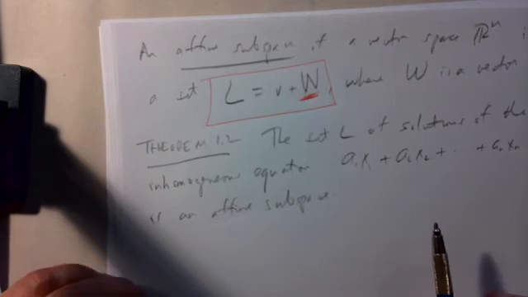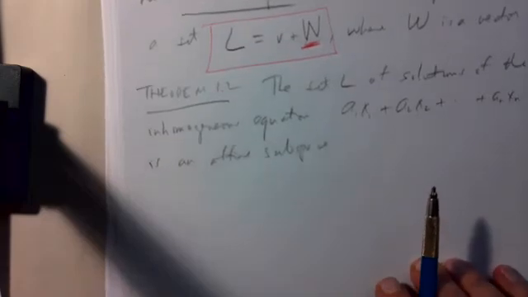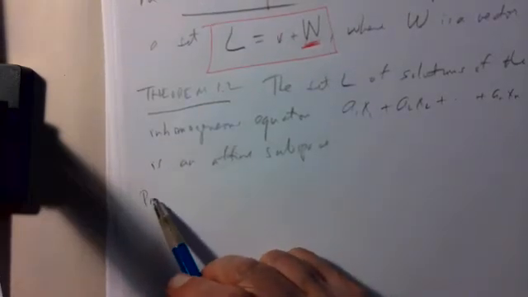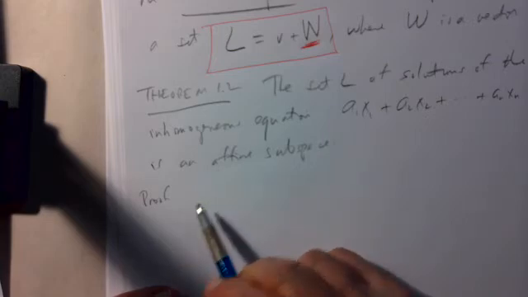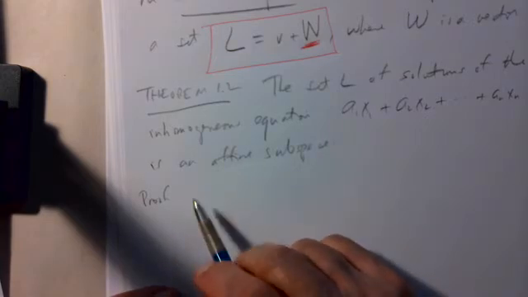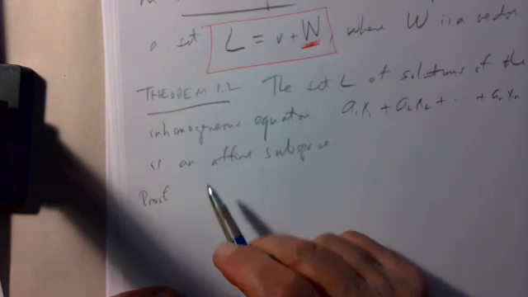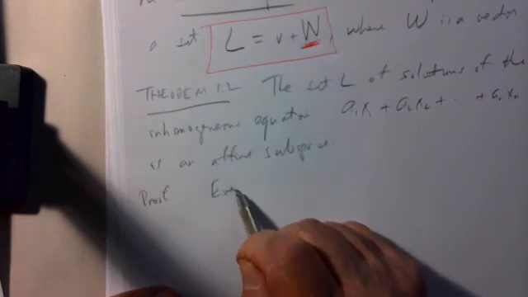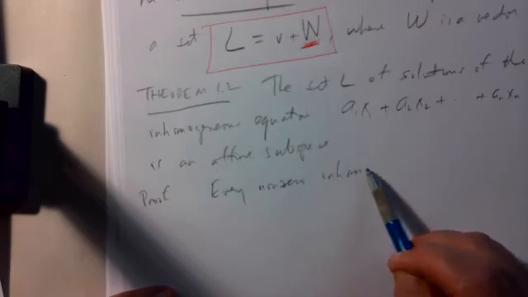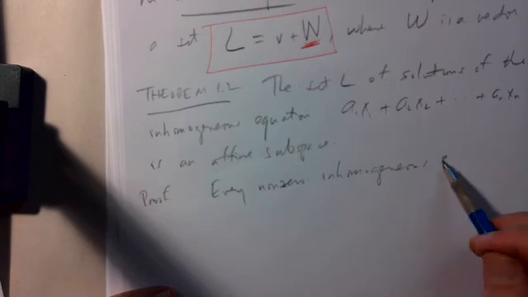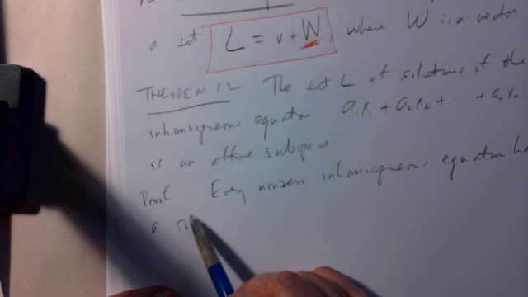And the proof is really very interesting. Proof. Let's make it a non-zero inhomogeneous equation. So, by a lemma earlier in the chapter in section 1.1, every non-zero inhomogeneous equation has a solution.